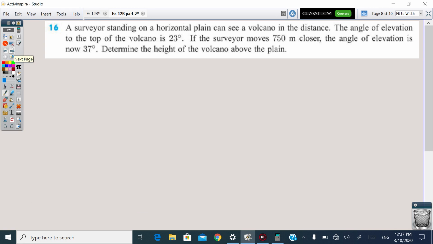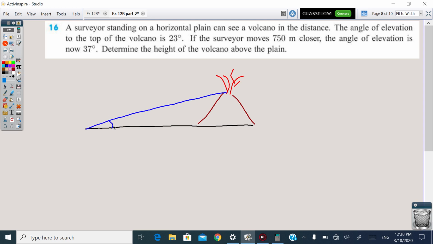Now, an even more interesting question. A surveyor is watching a volcano. So here is the volcano. And here is the lava. The angle of elevation is 23. So this is 23 degrees.